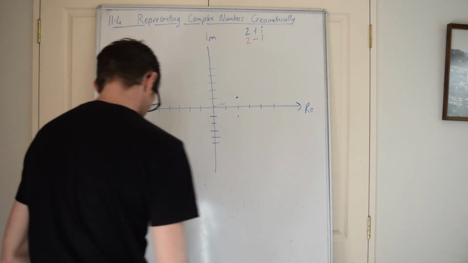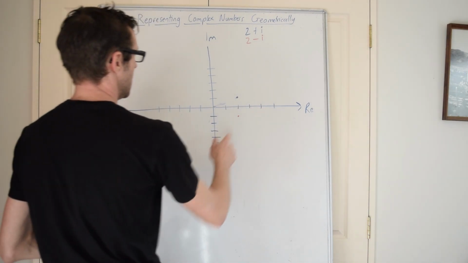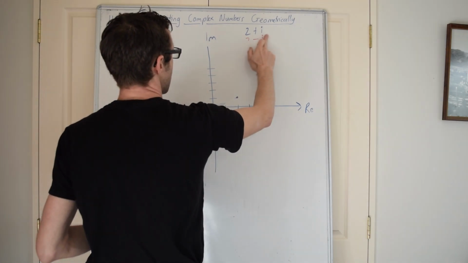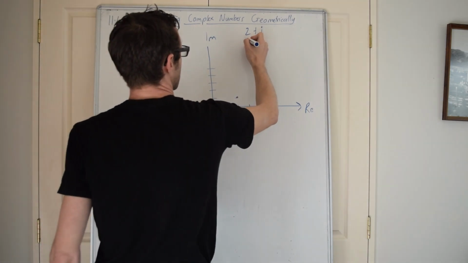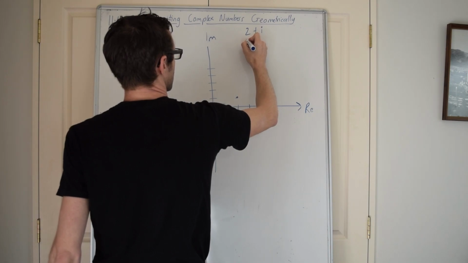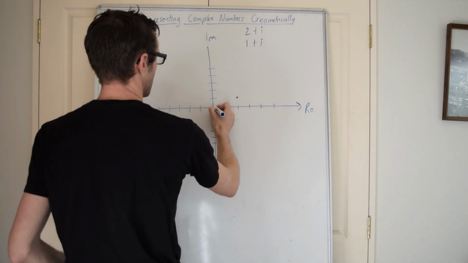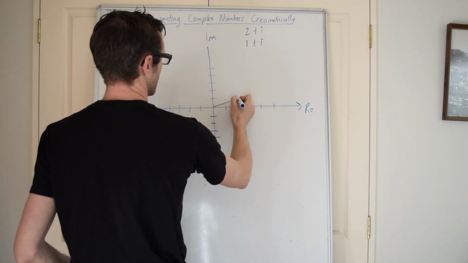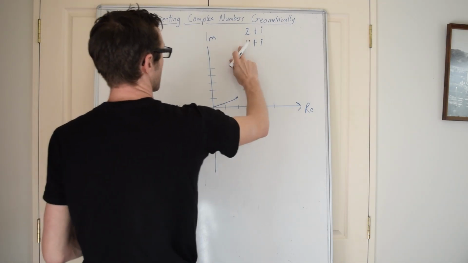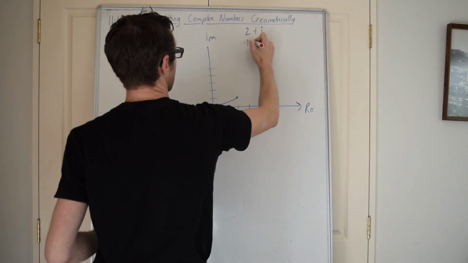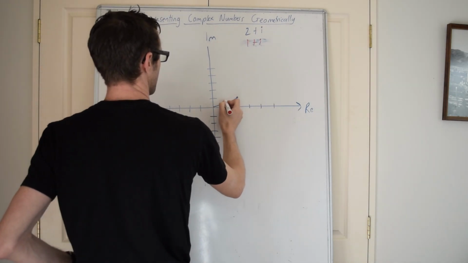Another interesting thing to note is when we perhaps add 2 complex numbers. So maybe we'll do these ones. That's the first one, and maybe I'll do this in red, 1 plus i. That would be this one here.